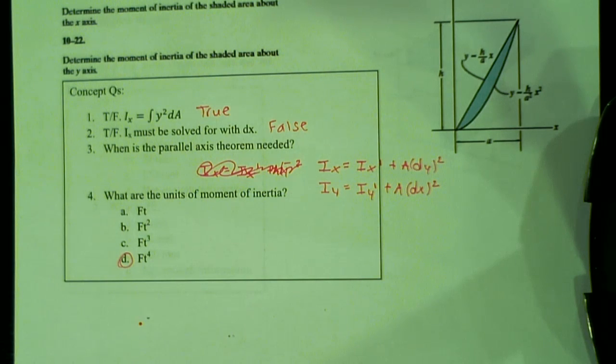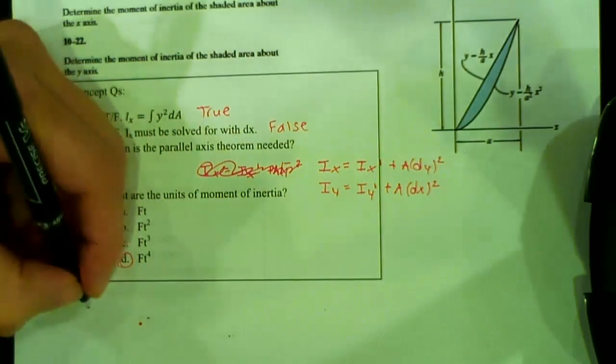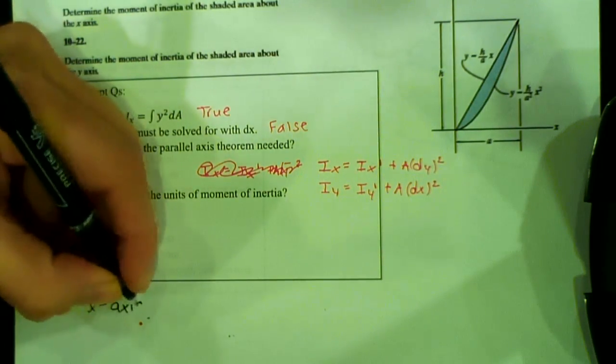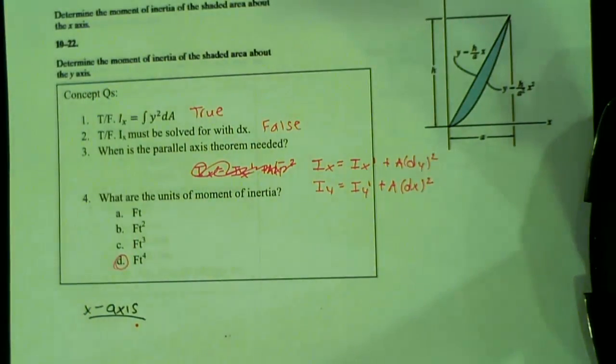X. So let's do it about the x-axis then. I will post these solutions, and if we have time at the review, we'll go back to this one. But I want to make sure we get to the composite one.